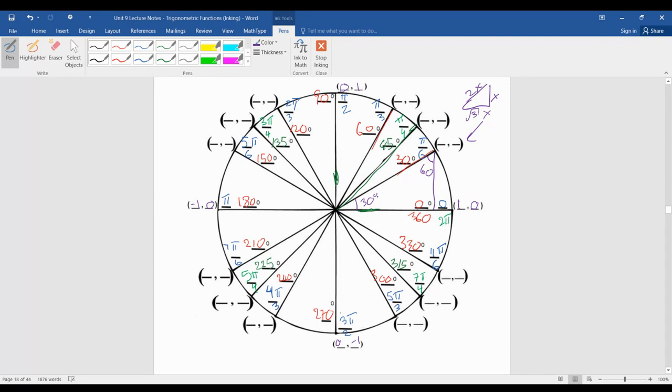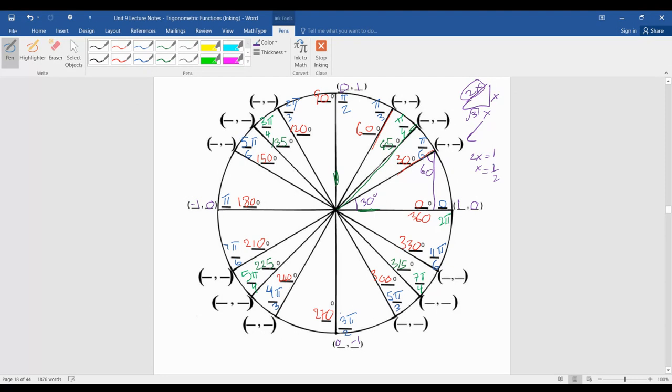Because the radius of the circle is 1, the hypotenuse of this triangle is 1. So 2x equals 1, which means x is 1/2.